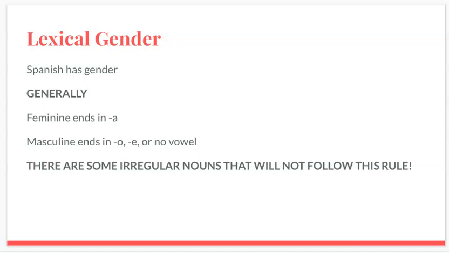Spanish does have gender, so generally feminine words or nouns will end in an A, while masculine words or nouns will end in an O, an E, or a consonant. And there are some irregular nouns that do not follow this rule, so it is important to look out for those as well.